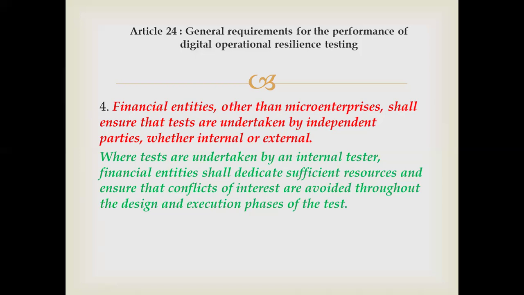If you are using internal testers, you need to also demonstrate that they are independent. Very, very key. Of course, we all know that external testers will be more independent than the internal testers. That's why both is actually encouraged, so you have the internal testing being corroborated by the external testing.